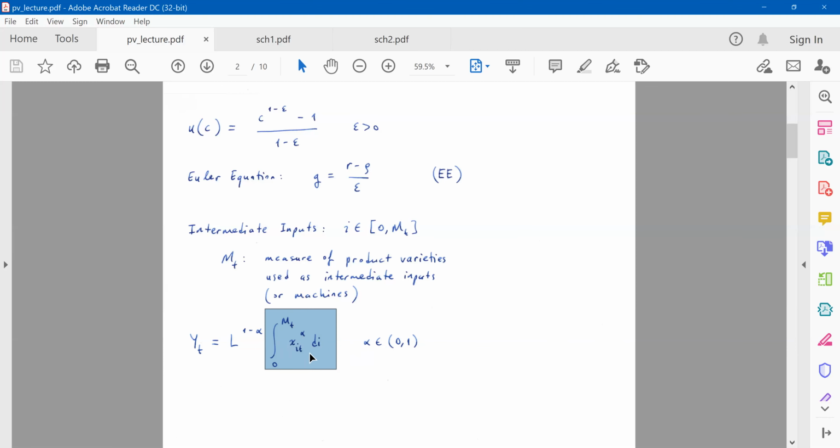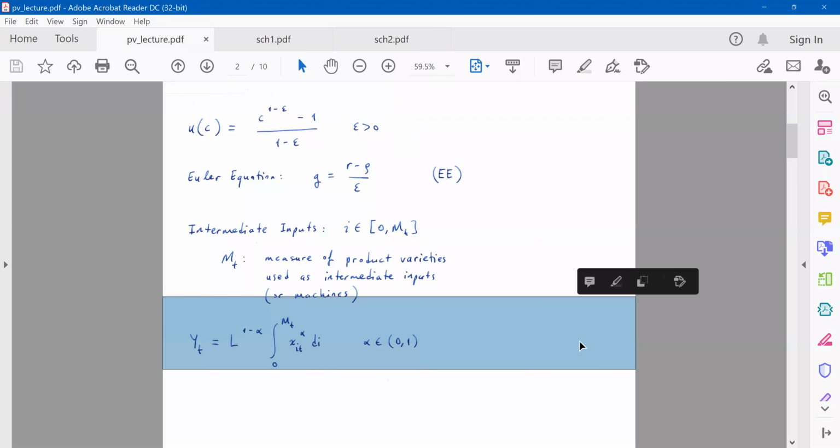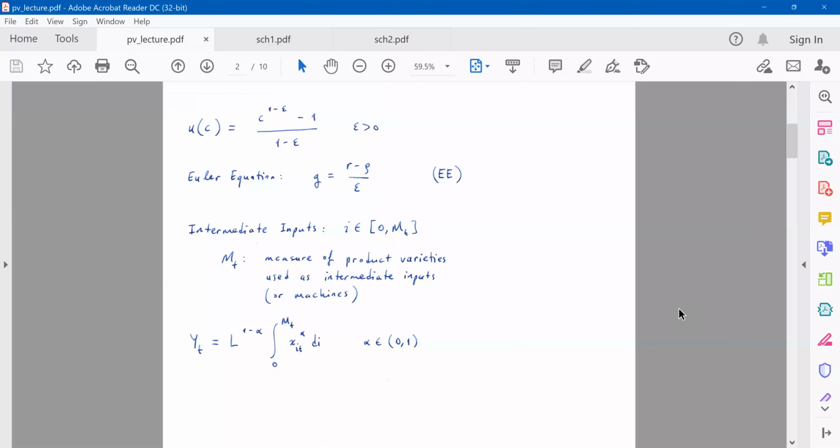So we first take the exponent of x_it for each i. Again, i is ranging from 0 to M, and then we sum all over, right? Because this is integration. So that's the production function of the final goods sector. So there is that final good Y_t produced by labor and these machines.